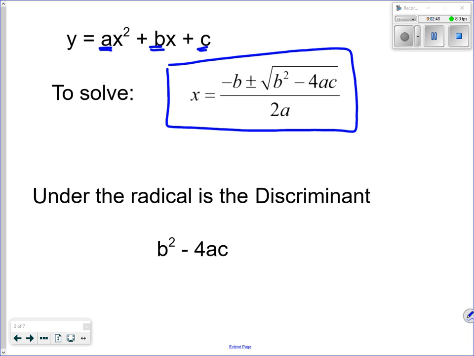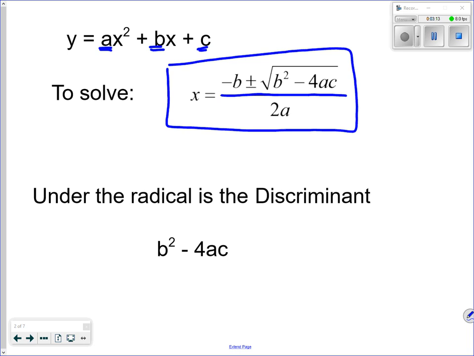You're going to take those three letters and create what's called the quadratic formula. So everybody needs to write this formula down in your notes. X equals negative b plus and minus, big square root sign, b squared minus 4ac, and then big divide line, 2a goes in the bottom.